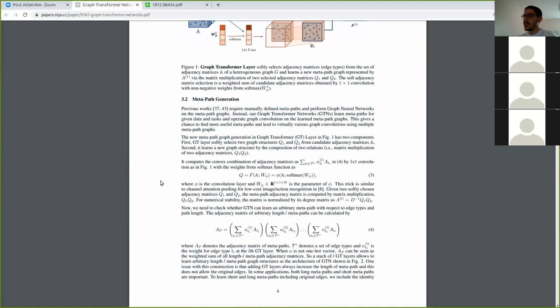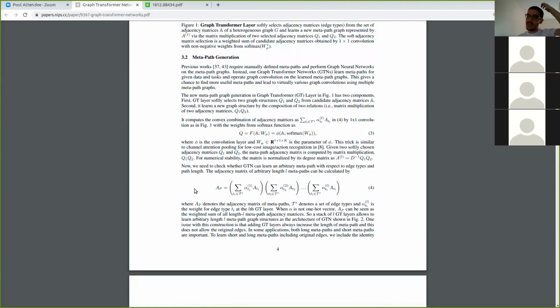Okay, so there's a point here about the representation capability of this meta path generation part of the GTN. I'm not sure how clear I am on this. I'd like to hear what others think about this part.